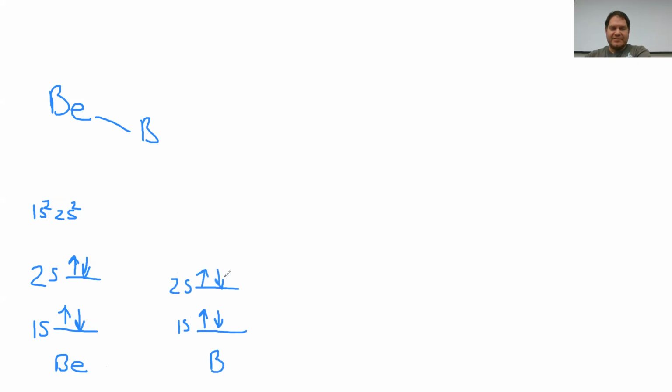But then it's also going to have 1 electron in the 2p, okay, right? That should be the boron structure. So it should have 1s2, a 2s2, and a 2p1, okay?